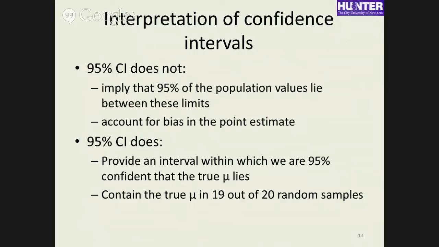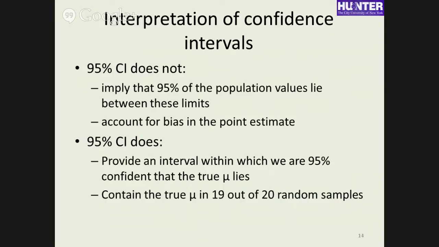What it does do is it gives you an interval where you can be 95% confident that the true mean or the true proportion for the entire population lies. So that's pretty cool. You take some information from a sample and it tells you precisely, in the face of uncertainty, how confident you can be, and how big an interval you need to be this confident.